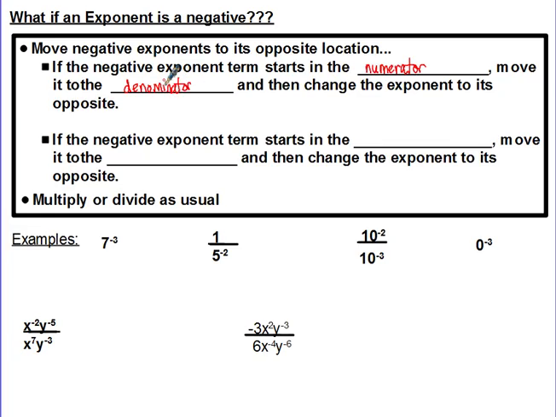And the exact opposite, if that negative exponent term starts in the denominator, you're going to actually move it to the numerator.